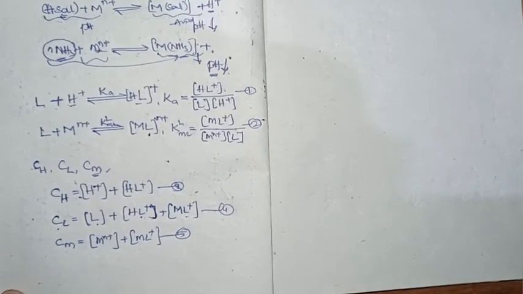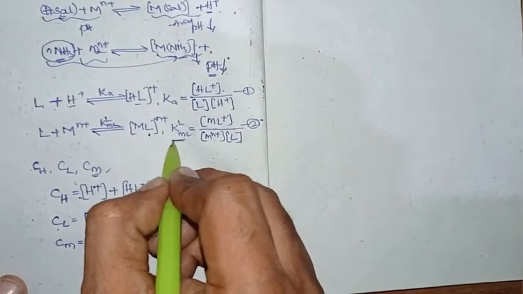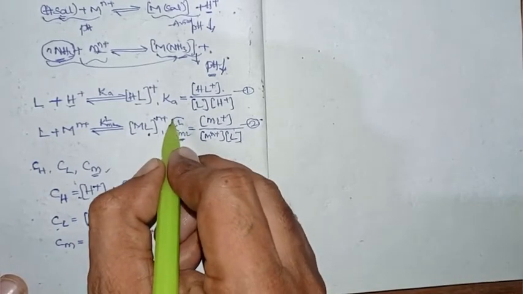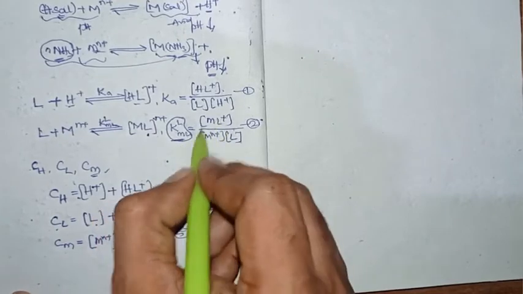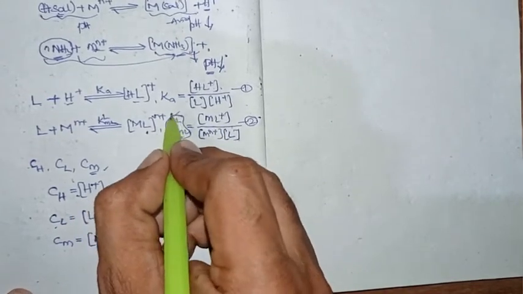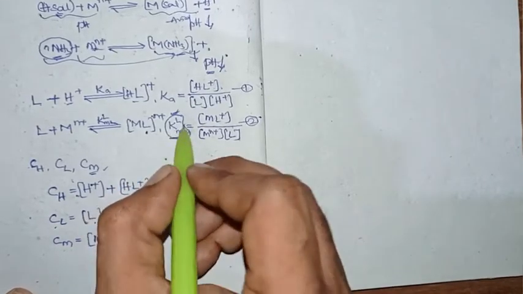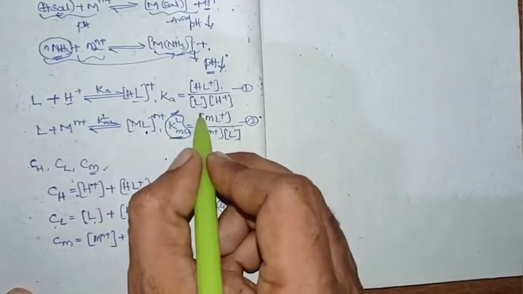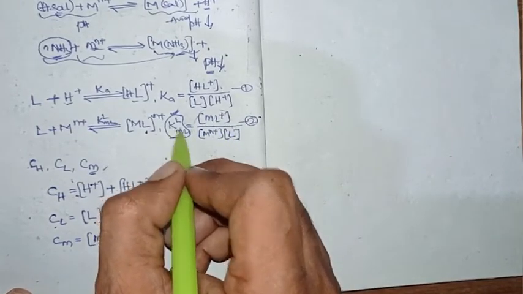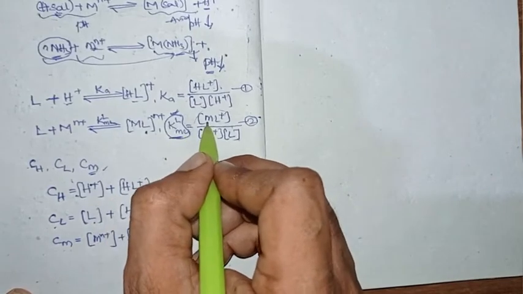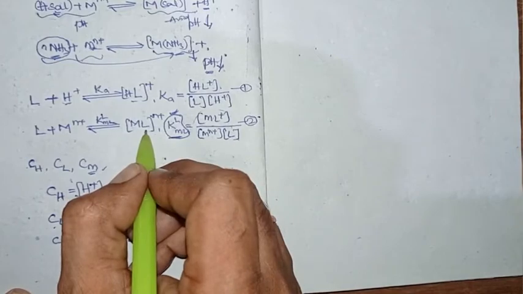So to have the stability constant value in known terms, to derive this stability constant formula, this should be equal to known terms, right? Here the stability constant is equal to the metal ligand complex concentration, and this may not be known to us initially, isn't it?